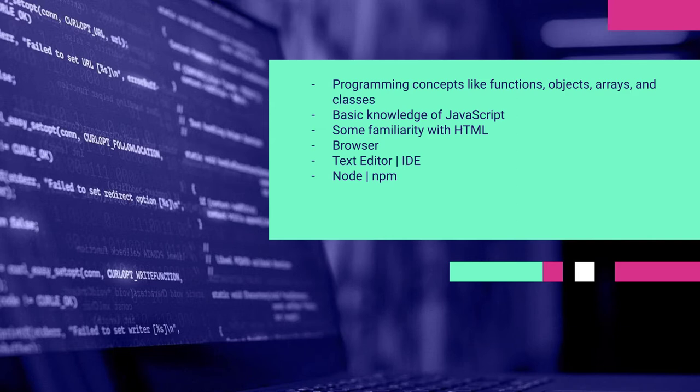You should be familiar with HTML, and you should have a browser where you can open your application. Either you can run your application online, or you need a text editor locally where you can actually code. And you need Node, where you can install certain dependencies and run your servers. Cool. So all set? Not yet. You have to grab a cup of coffee. Yeah, now we are ready.